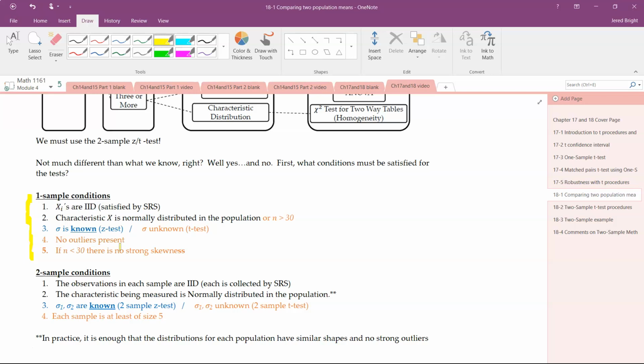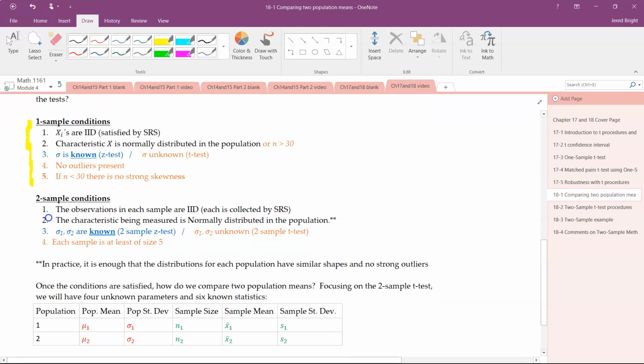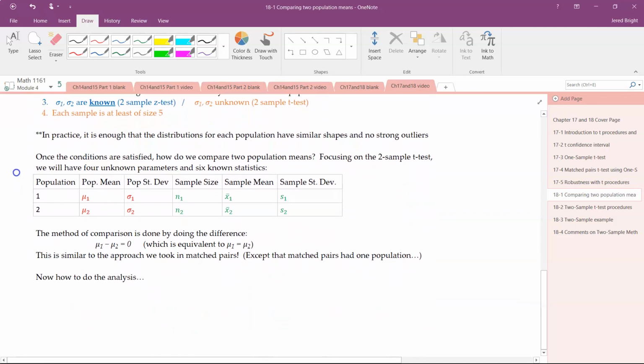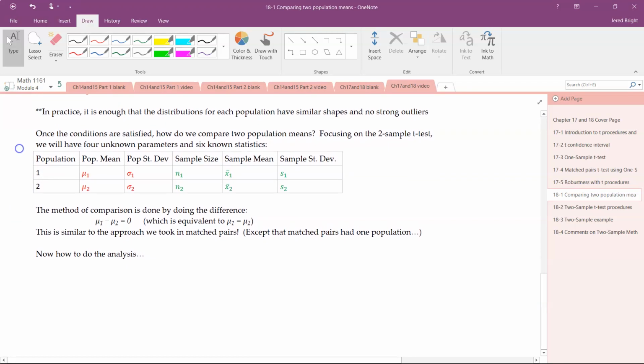Once the conditions are satisfied, we need to do the calculation. How do we do that? We're not going to do that in this video, but just so we're aware of what we have to work with, we have 4 unknown quantities when working with the two sample t-test. We don't know the population means or the population standard deviations.